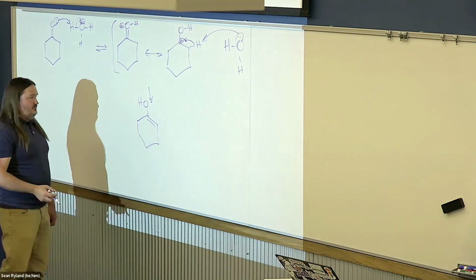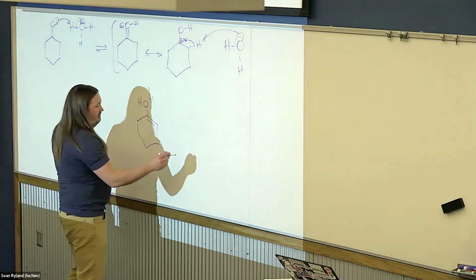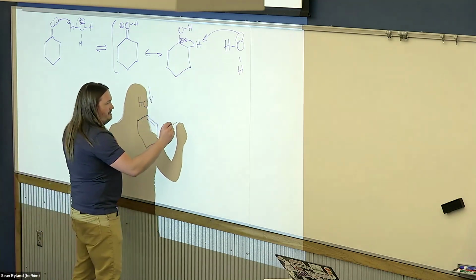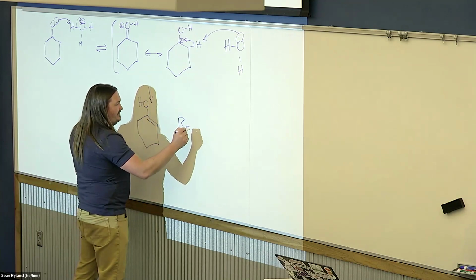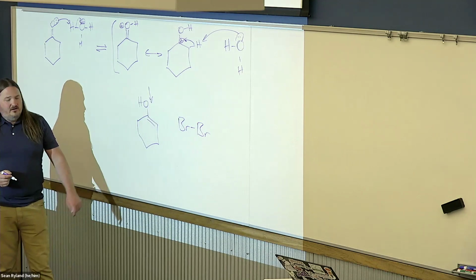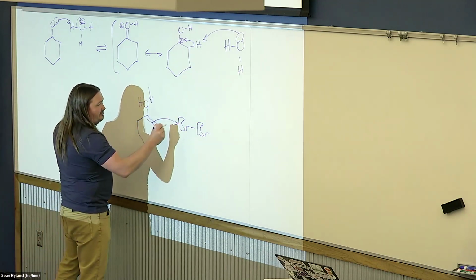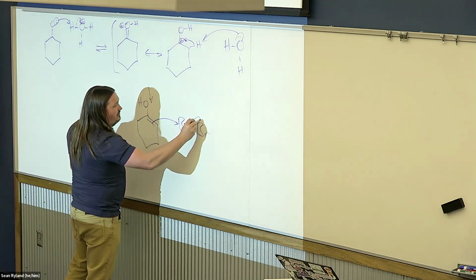Once we get the enol, it's going to look a little bit weird, because our original acid catalyzed bromination was just HBr. In this case, it actually requires the bromine, the diatomic bromine.